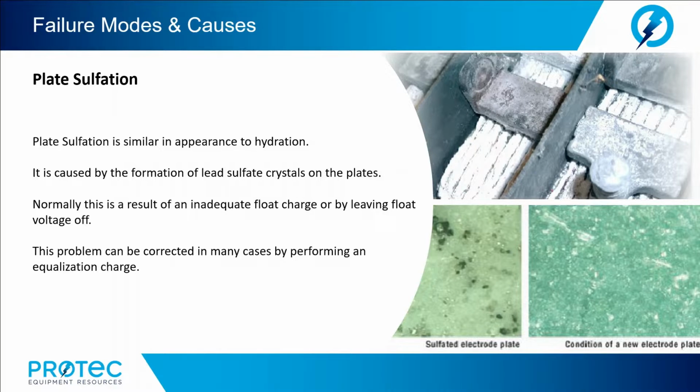As cells sit in storage and they self-discharge, the active materials of the electrodes convert to lead sulfate just as they do in other discharges. In self-discharge, the lead sulfate forms a larger crystal that has the effect of insulating the particles of the active material, either from each other or the grid.